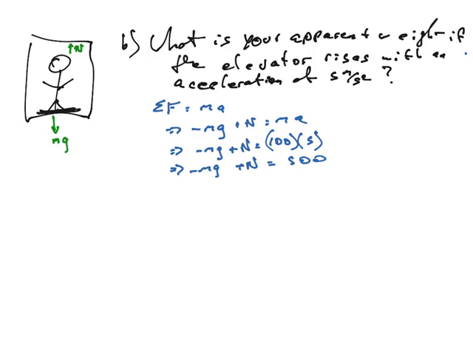What do I want to do? I'm trying to calculate my apparent weight. Apparent weight means calculate normal force. So I want to solve this for n. Bring the mg over to the other side. What do I get? Normal force equals 500 plus mg. Well, of course, mg, that's 100 times 9.8.